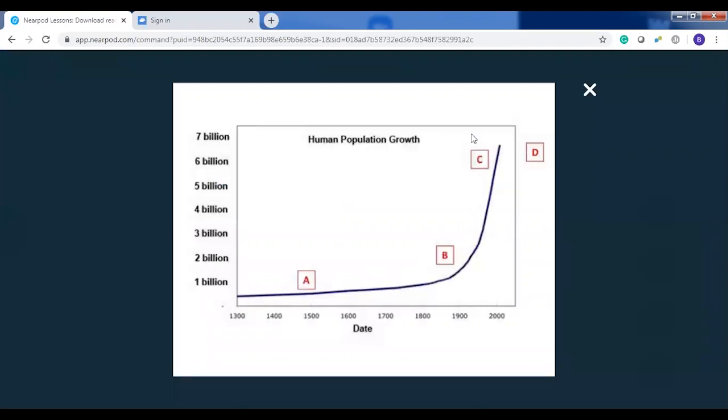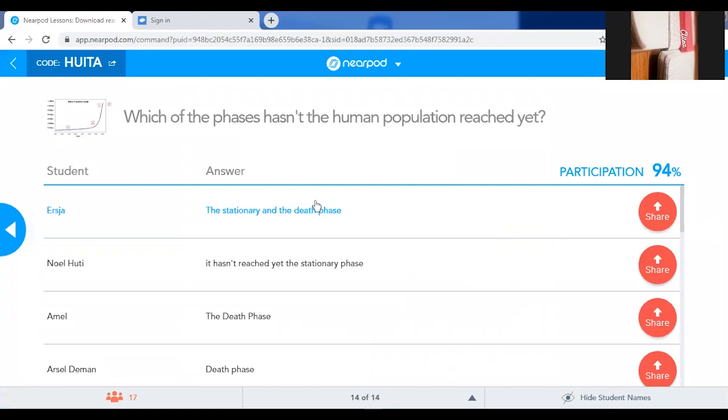We don't have the stationary phase, when the number of individuals will be stable, and the last phase, which is the death phase. Okay, that's all. This was the lesson for today. It was about population and the factors that affect the population.